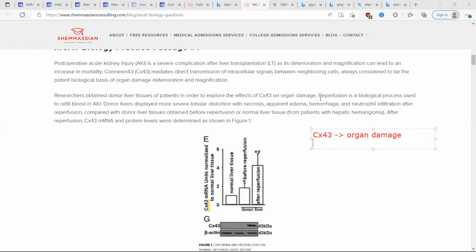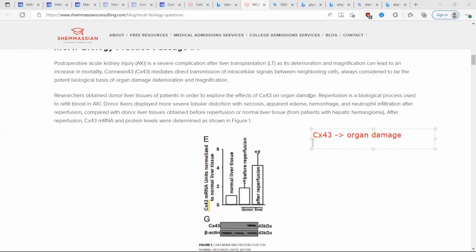None of the rest of this paragraph gives me any information about CX43 versus organ damage. Ultimately, it's the graph that gives me that info, because I need to interpret the graph. That's what the test maker wants me to do. So they told me researchers obtained donor liver tissues of patients in order to explore the effects of CX43 on organ damage. Boom. When you see something like that, you need to write it down so that you know what it is that you are actually interpreting for.